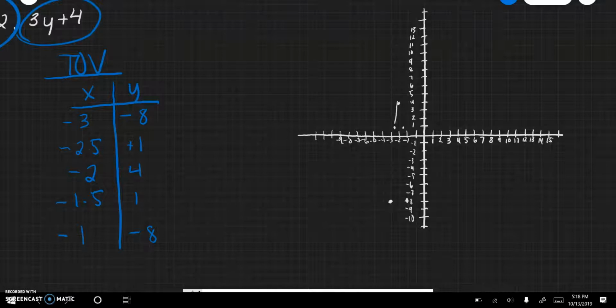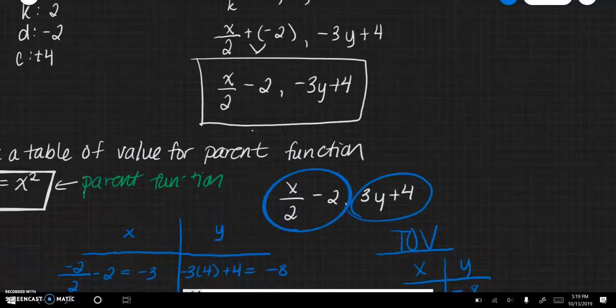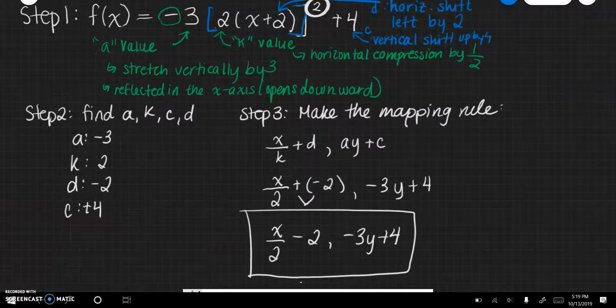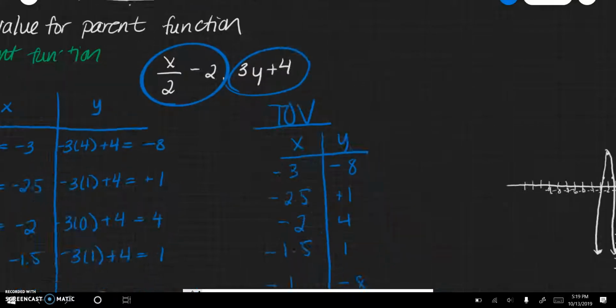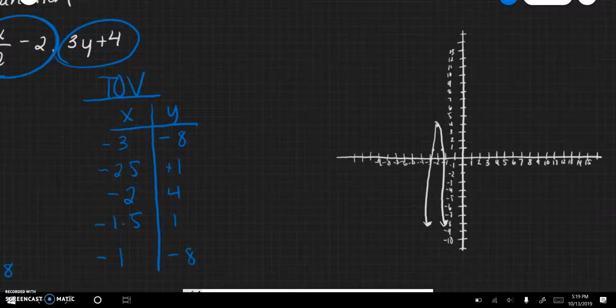So my parabola is going to look something like this. I'm sorry, it's such a bad drawing, but that's what my parabola is going to look like. I know it opens downwards because if I go back up and look at my original function, it is a negative 3, so it is opening downwards. And that's my new function.